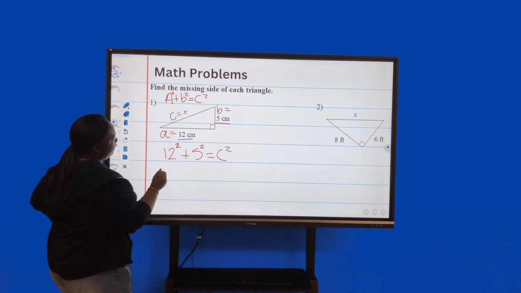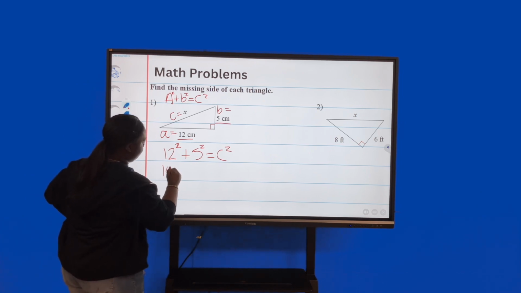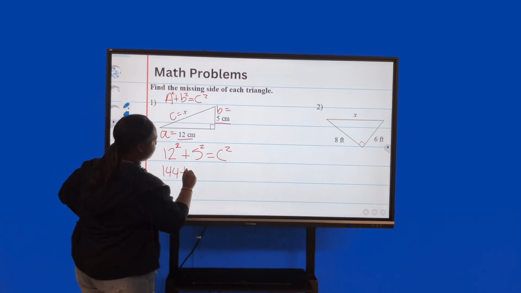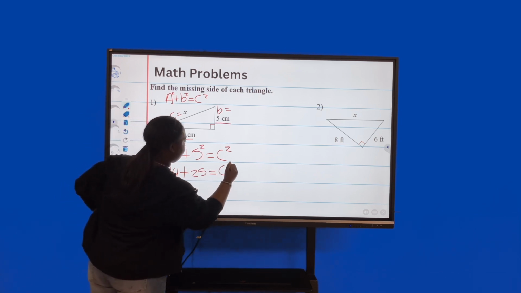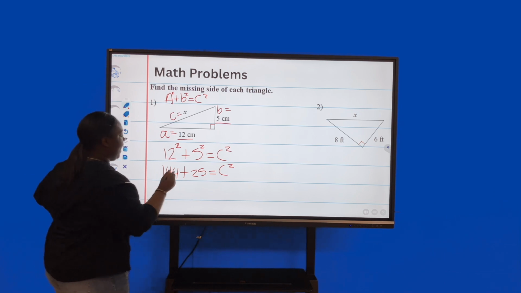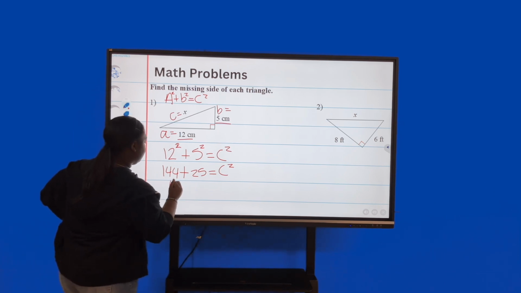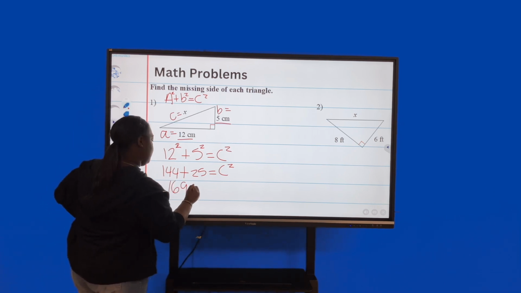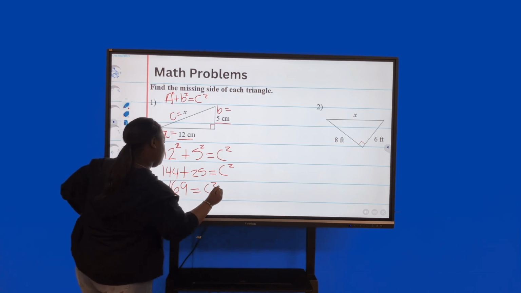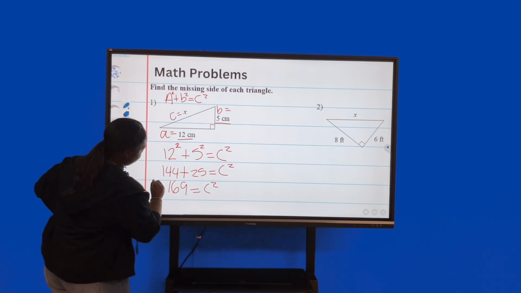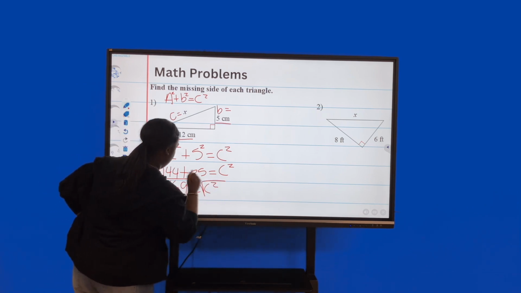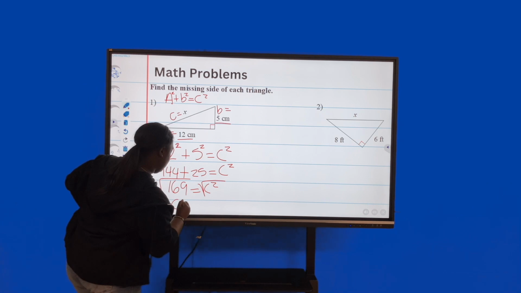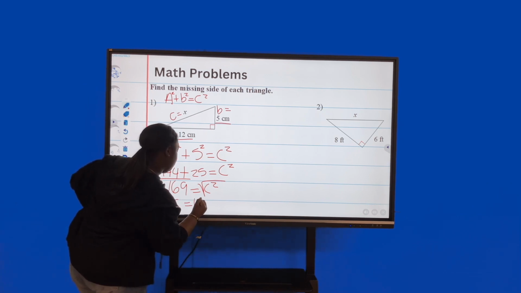And 12 times 12 is going to give you 144 plus 5 times 5 is going to give 25 equals c squared. So now we're going to add these two together, which will give you 169 equals c squared. Now that you've done that, you take the square root of 169 and you also take the square root of c squared, which will give you c equals 13.